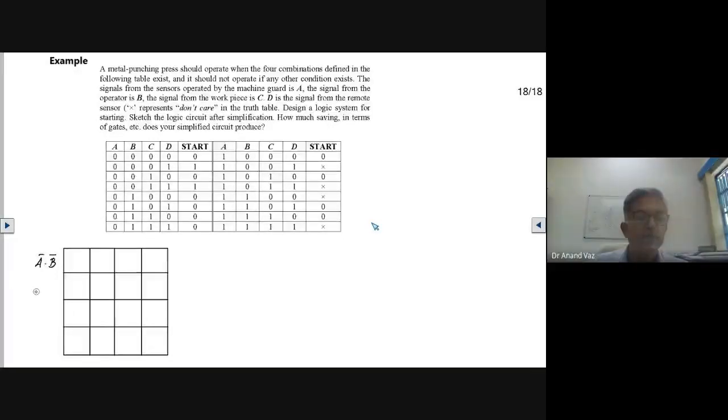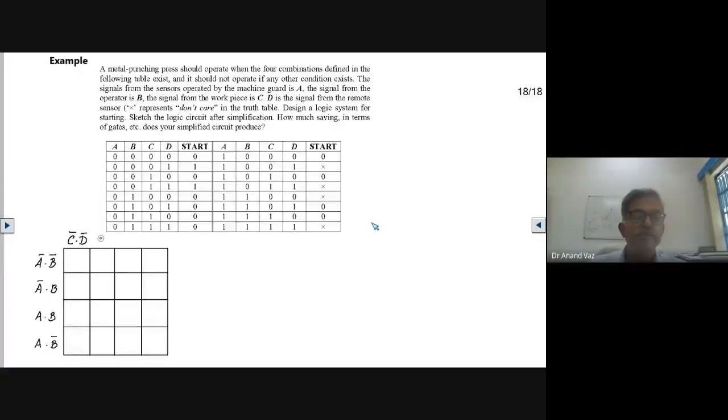Then we will keep not A as it is. We will change the state of B. Then we will change the state of A, but keep the same state of B. And then we will keep the same state of A and change the state of B. Here also we will have not C and not D. You see, we have 4 inputs now, and that's why we required more columns than the earlier table.